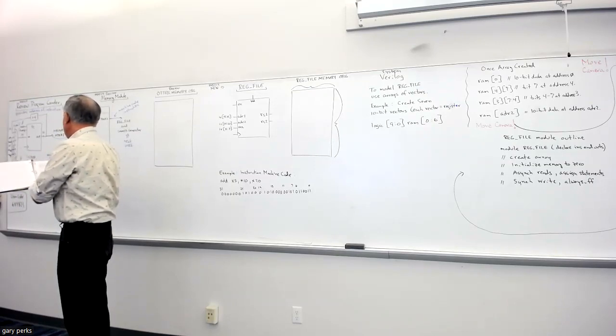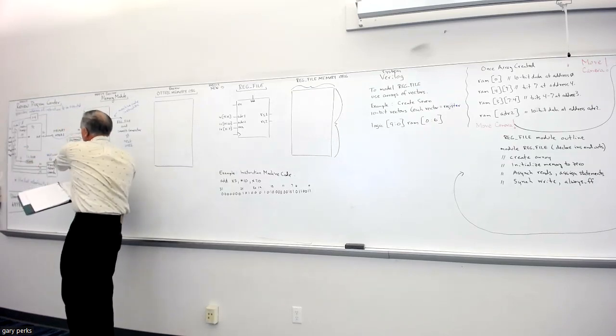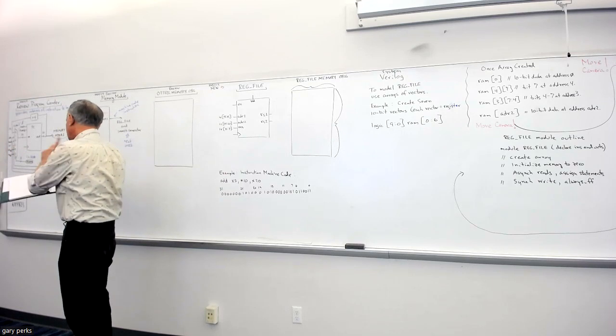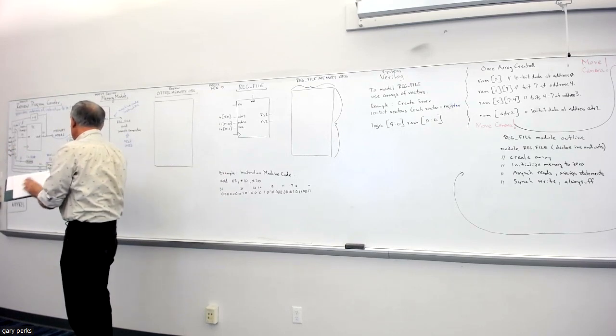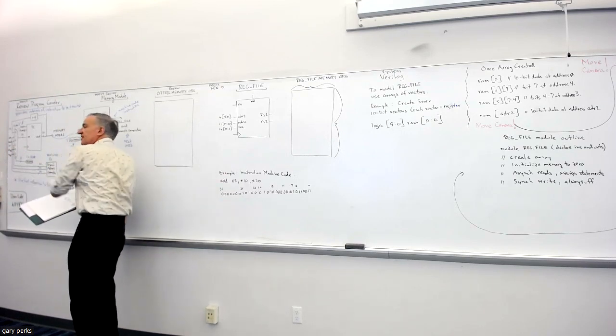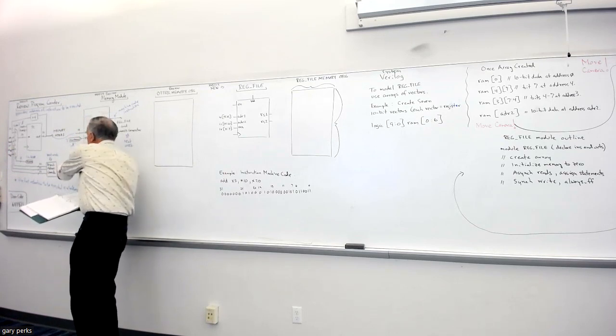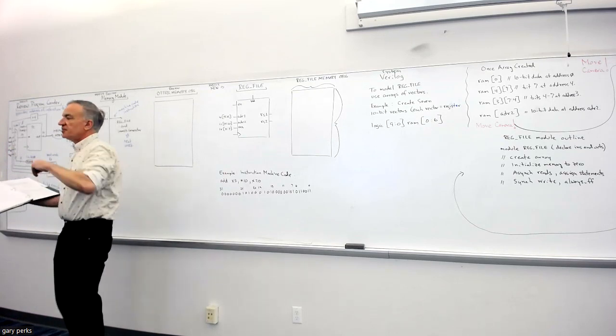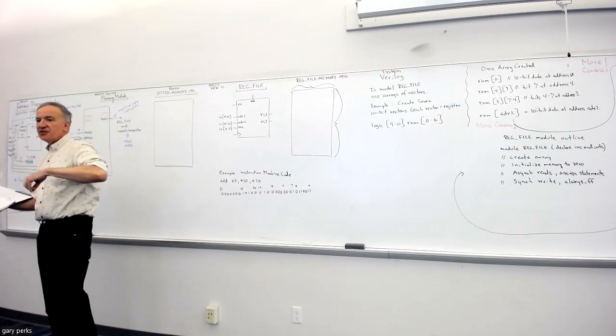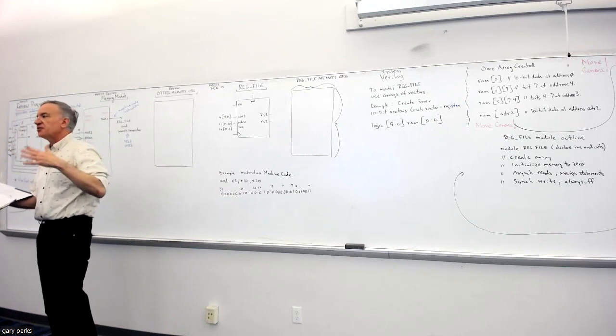That's true for load byte unsigned or just load byte. Load half word, we have 0, 1. Same thing for load half word unsigned. Load word, 1, 0. So this tells the memory module whether you're dealing with a byte, a half word, or a word, either doing a load or a store.